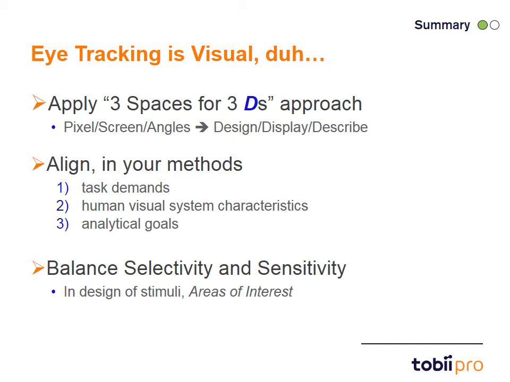And that brings us to the end of our webinar. So let's take a moment to review what we've gone over. Eye tracking is visual. Yes, of course it is. And what we learned today was a way of thinking about an approach to eye tracking centered around three spaces, for three Ds. And those Ds are the design stage, considerations of the display, and description or analysis.